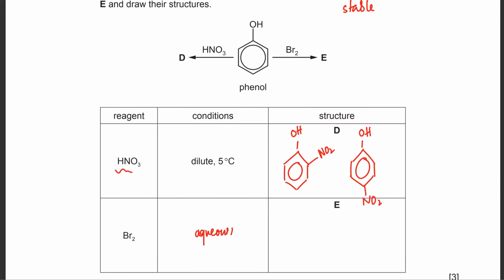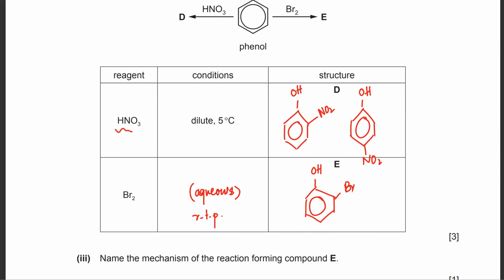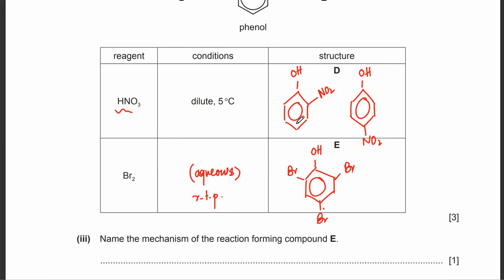So just aqueous conditions should do the job, and at RTP. In this case, you have an OH, and the Br will get attached to all 3 positions. If we had used concentrated nitric acid, then NO2 would also get attached to all 3 positions.